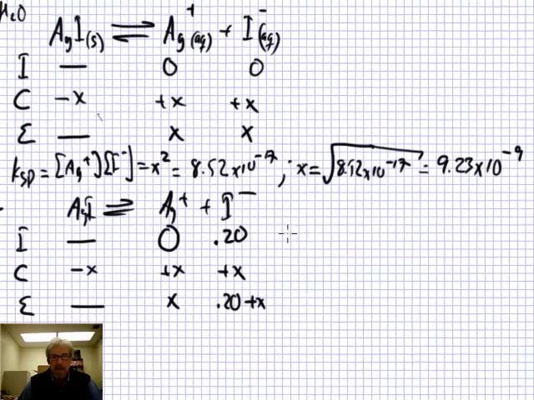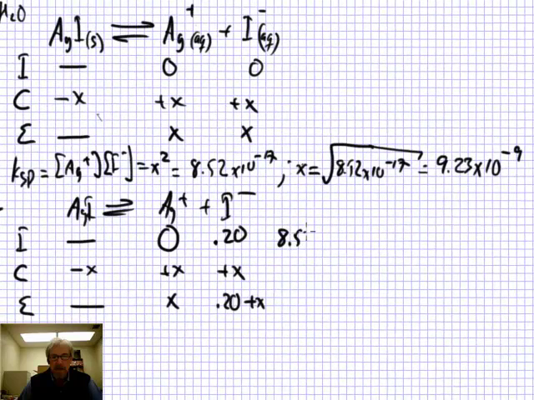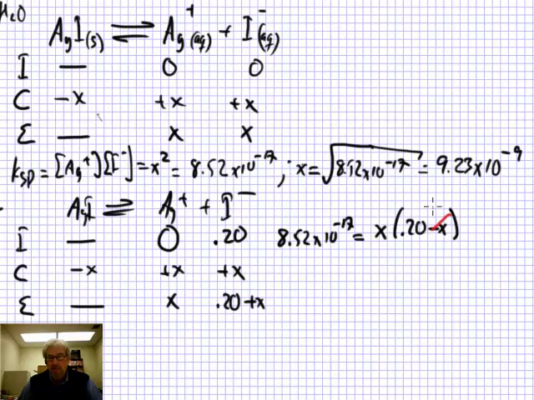So Ksp, which we know is 8.52 times 10 to the negative 17th, is going to be equal to the Ag+ concentration, which is X, times the I- concentration, which is now 0.20 plus X. And because 10 to the minus 17th is ridiculously small, it's very reasonable for us to assume that the X in this term can be ignored because it's going to be really small compared with 0.2.